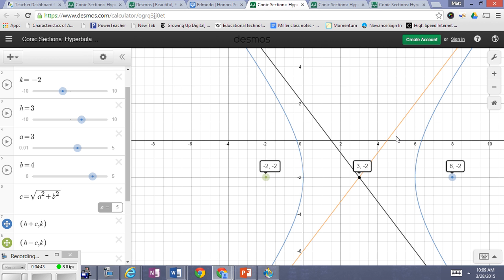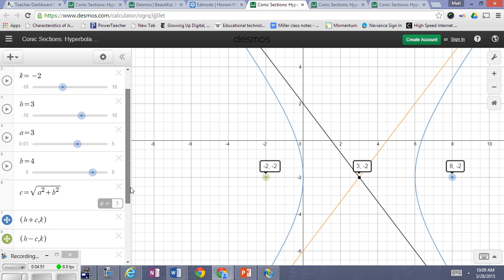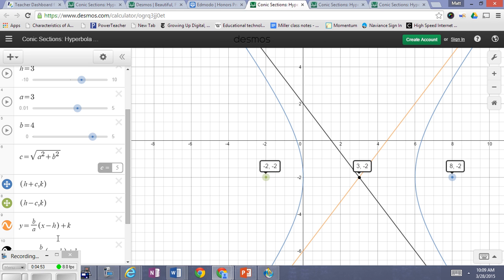The slope of these asymptote lines remains the same, as you can see, b over a, but it's just a modified equation, because the asymptote lines no longer contain the origin; they contain the point (3, -2), which is the center.